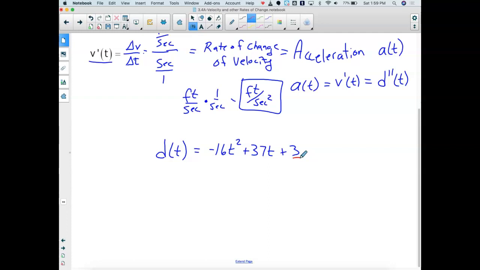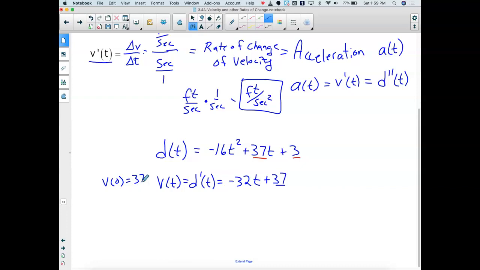And the other place we come through here is we always had to plug in our initial velocity too, our v sub 0, as we called it. Well, we can figure all this stuff out. That's my initial velocity, 37, because when I come back here and find what v of t is, well, v of t, remember, that's the first derivative of position, which is going to be negative 32t plus 37. 37 is the initial velocity because v of 0, guess what it equals? 37, but I can catch that all the way back in the beginning.